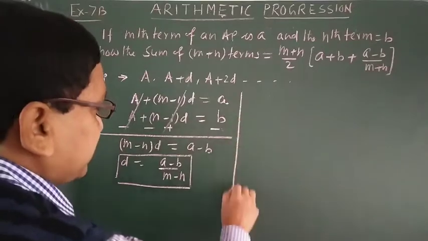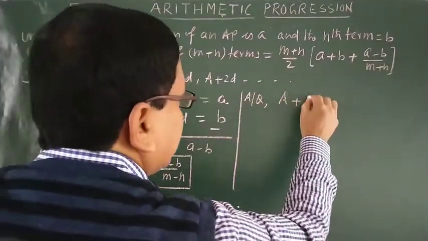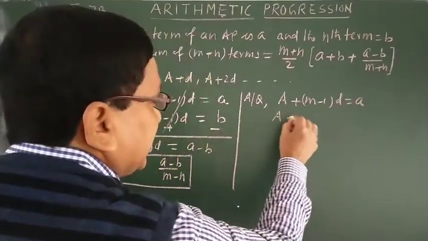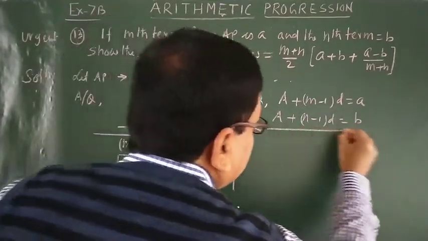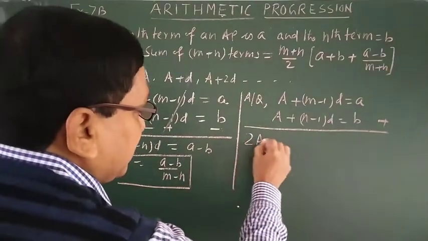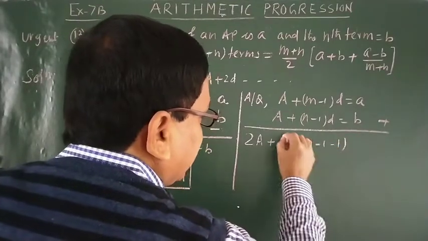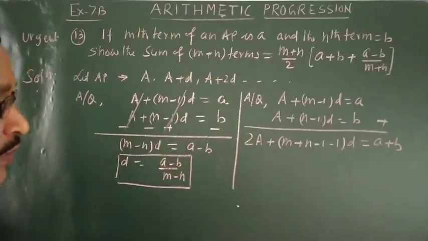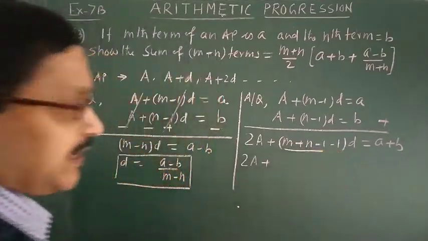Again, write the two equations according to the question. A plus (m minus 1)d is equal to a small a, and A plus (n minus 1)d is equal to a small b. Here we are going to add. So this is 2A plus (m plus n minus 1)d is equal to a plus b. Now just see, there is a technique in keeping this at a time.